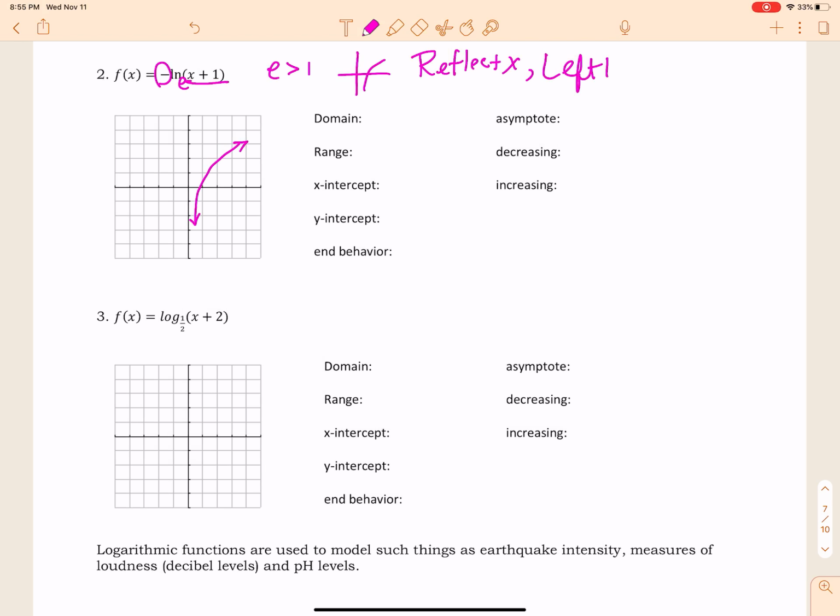All right, so let's take this step by step and see what this would look like. Since my asymptote is understood to be at the y-axis, I know this is going to move left 1, so that's where the asymptote's going to be. That means that this graph is essentially going to move over to right there, and then it's going to reflect across x.